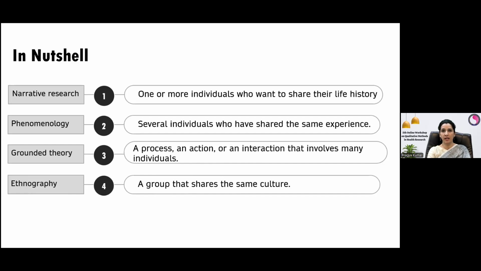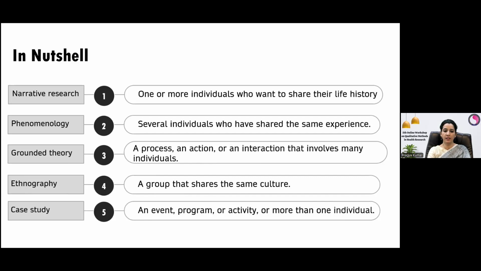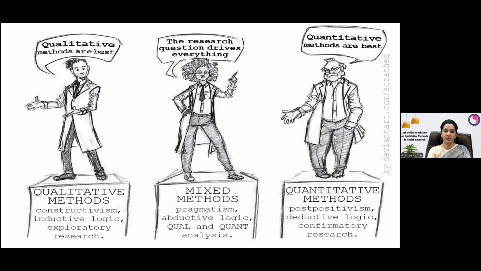Ethnography, again, it can be active or passive, open or closed, like we did. And case studies, any program or any bounded system, which is a closed system, and you are assessing the activities or the components of that, it is known as the case study.